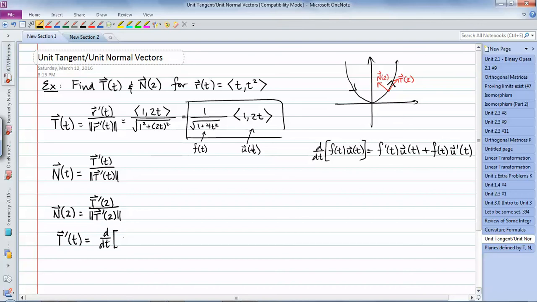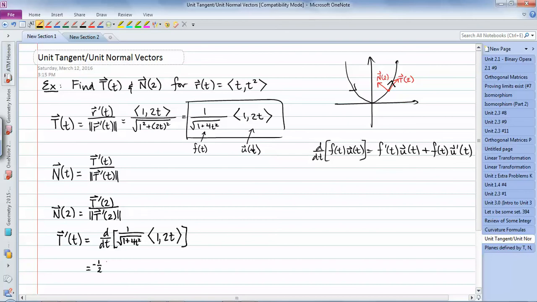of the 1 over root of 1 plus 4t squared times ⟨1, 2t⟩. So that's going to turn into the derivative of the first times the second. The derivative of the first is going to be, let's see, this is the same thing as 1 plus 4t squared to the negative one half.